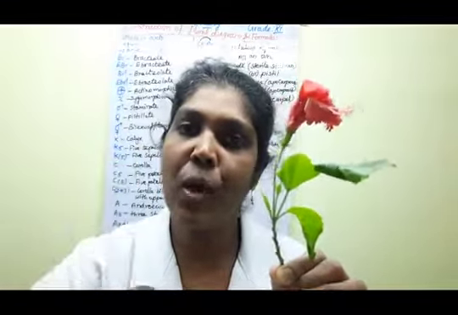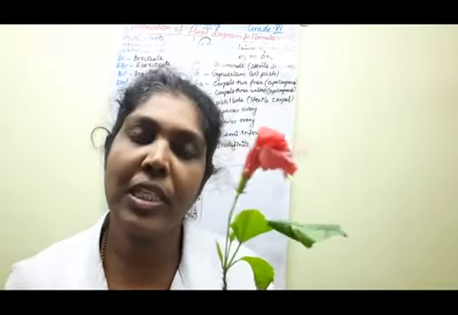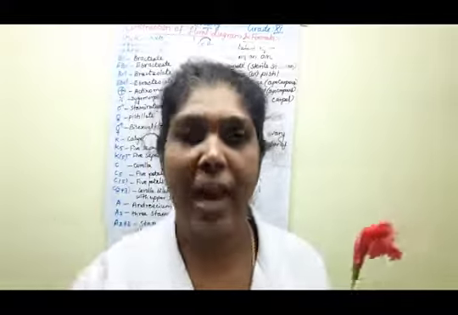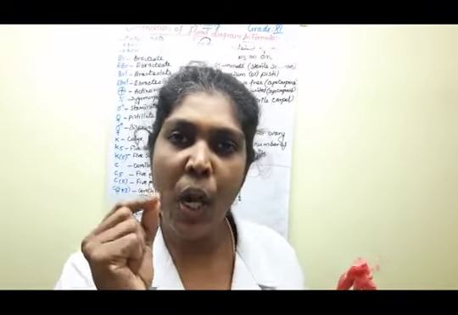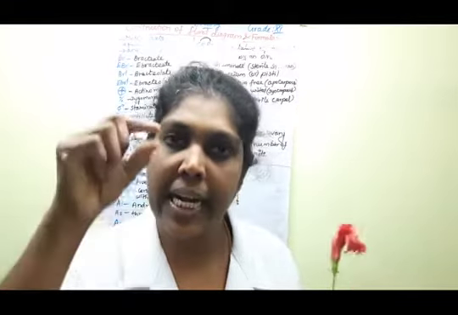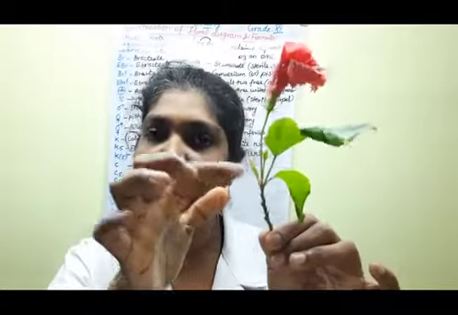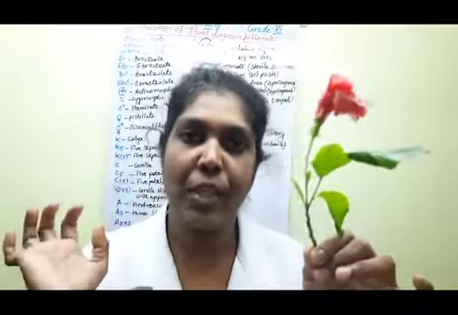Next, the side of the flower facing towards the bract. You know what a bract is, children? Yes, good. All of you try to tell me, what do you mean by bract? Yes, good. The small leaf-like structure that arises from the base of the flower is known as a bract.